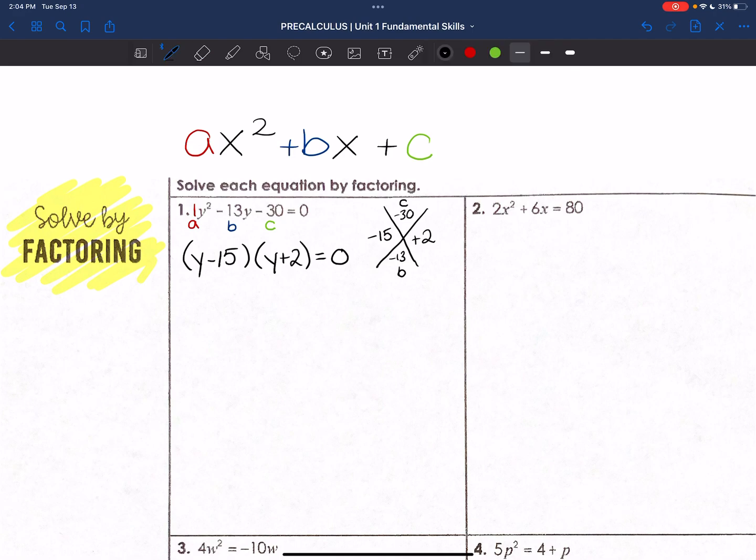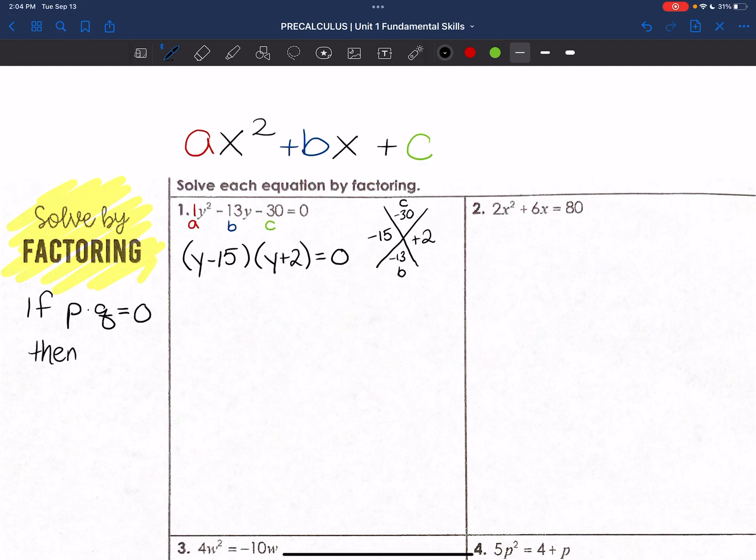All right, now ladies and gentlemen, we utilize our zero product property. Remember that if you had 2 things, let's call it P and Q, if they equal 0, well, what does that mean?